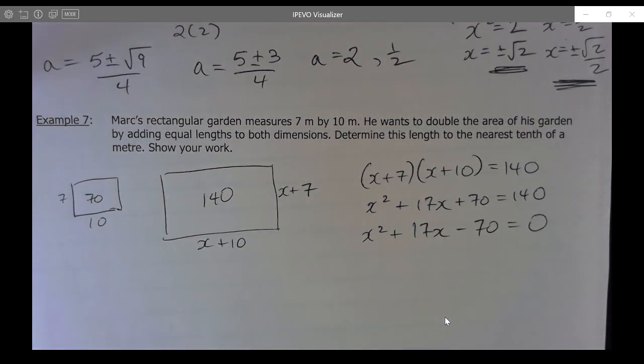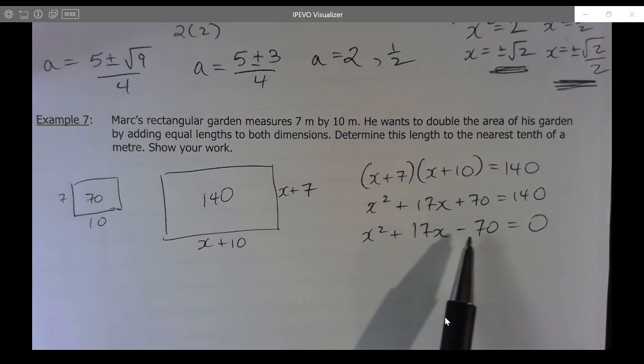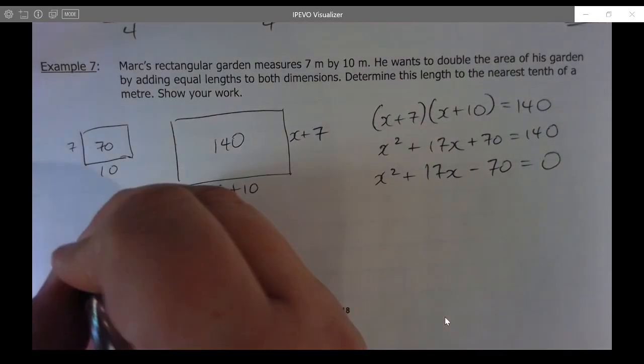And let's see, can I simplify that? Is there two numbers that times to make negative 70 that add to make 17? You might think, oh, it's 10 and 7. No, it's not, because one of them has to be positive, one of them has to be negative. I actually don't think that does factor, so that's why I'm going to break out my quadratic formula.